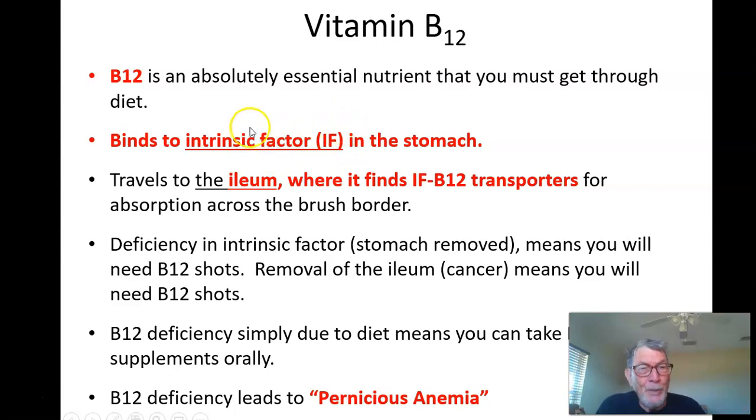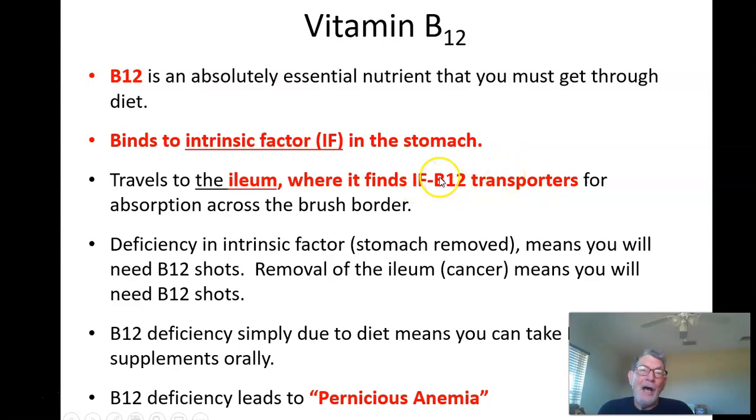You bind your B12 to intrinsic factor. It floats all the way through the small intestine down to the ileum, and the ileum has intrinsic factor B12 transporters. They won't suck in B12 unless it's stuck to intrinsic factor, and it brings it across the brush border.